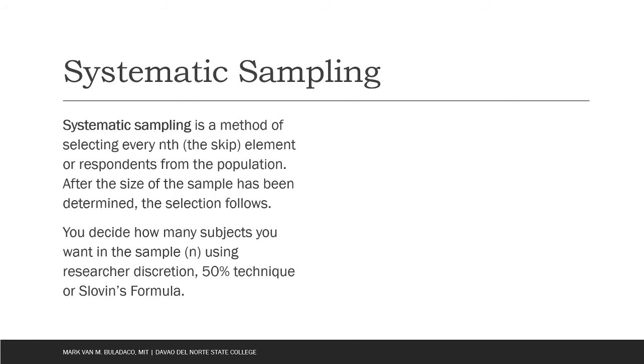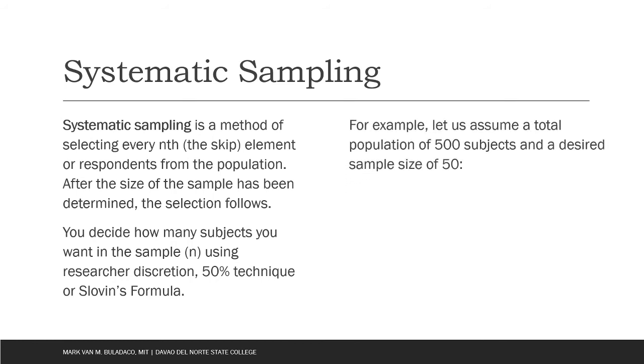So you decide how many subjects you want in the sample using, let's say, the 50% technique, or the Slovin's formula. For example, let us assume a total population of 500 subjects and a desired sample size of 50. Let's say you have computed it using a formula.